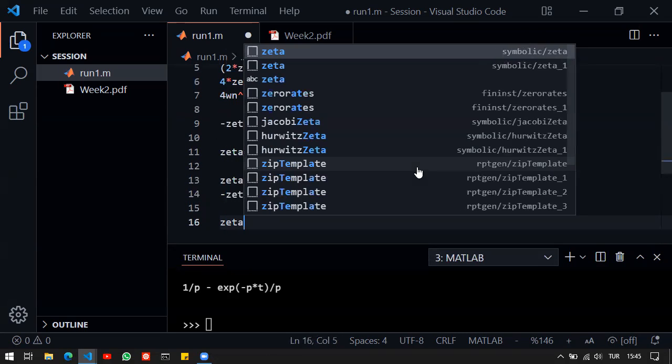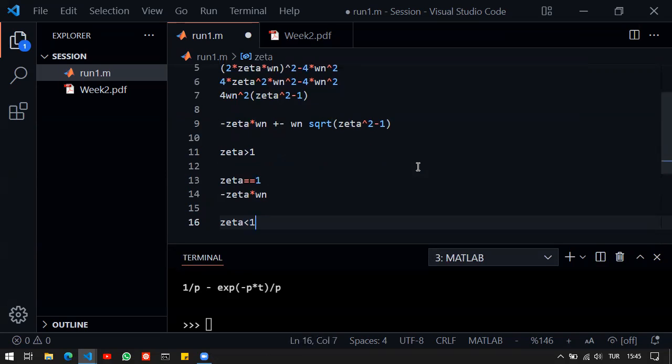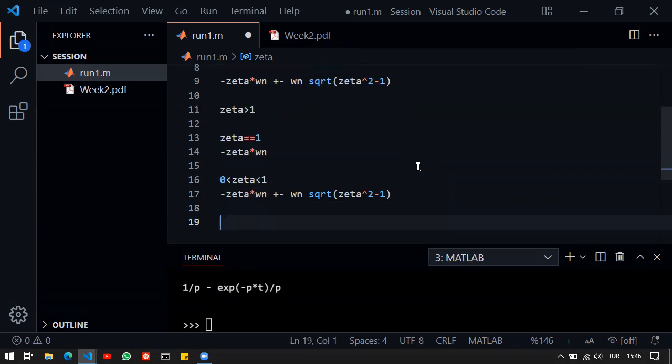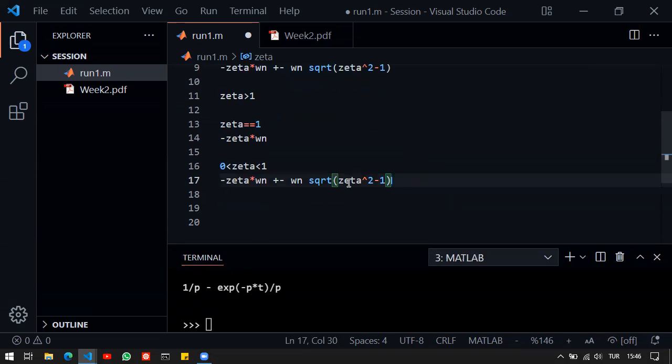And if zeta is less than 1, and positive by definition, then we will have the following. In order to come up with a solution, since zeta is less than 1, this means that this term is negative. Let's have the negative separated here.